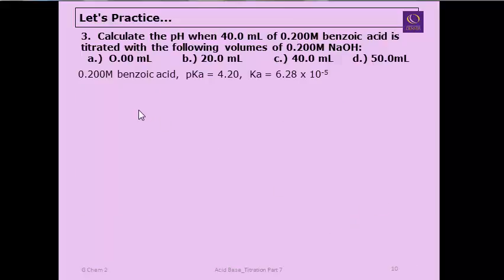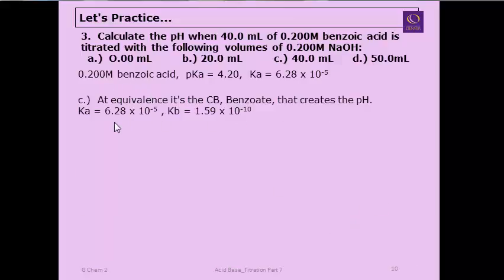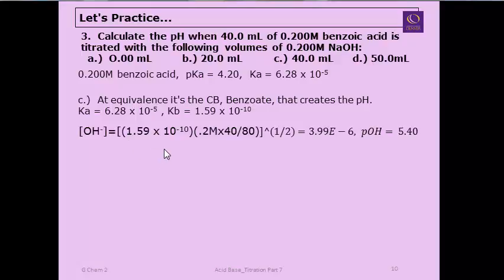Get to part C. At equivalence, right, all that's left is the conjugate base, which in this case is benzoate. But don't forget, when you set it up, you've got to divide it by the total volume. So basically what I did was I said, okay, I've got the OH concentration at that point. We're going to do the square root of the Kb times the concentration of the base, right?